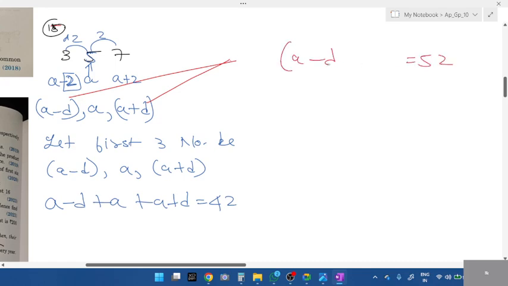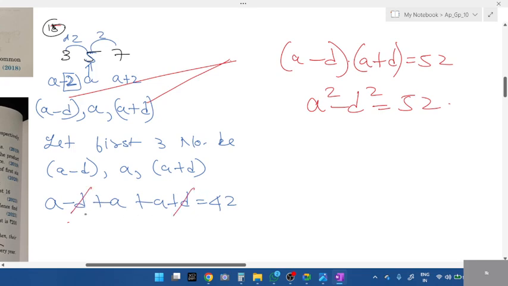Okay, product meaning is multiplication. A minus D into A plus D. You can apply the a square minus b square concept. What is a plus b into a minus b? a square minus b square. Here you get A square minus D square is equal to 52. Okay, let us solve the first equation, students. All of you respond.